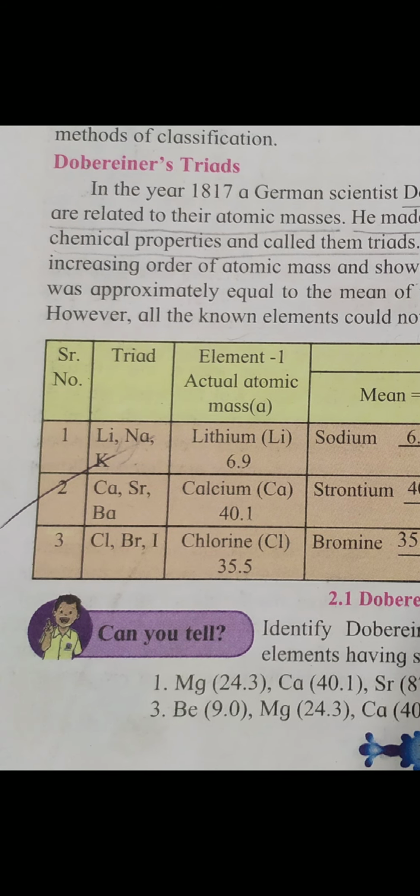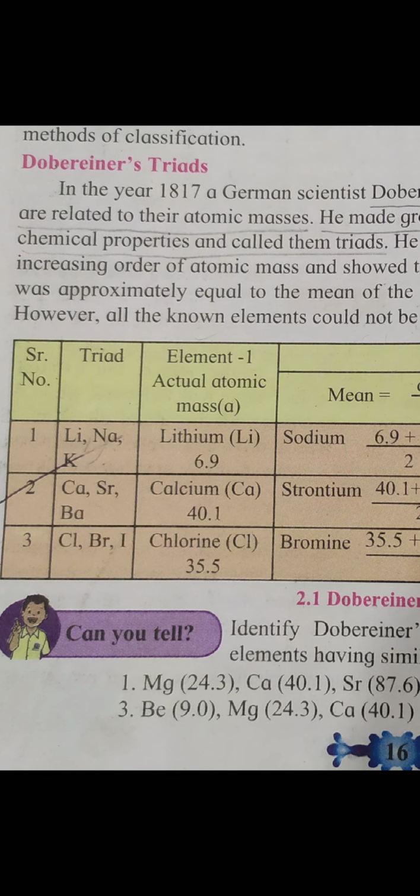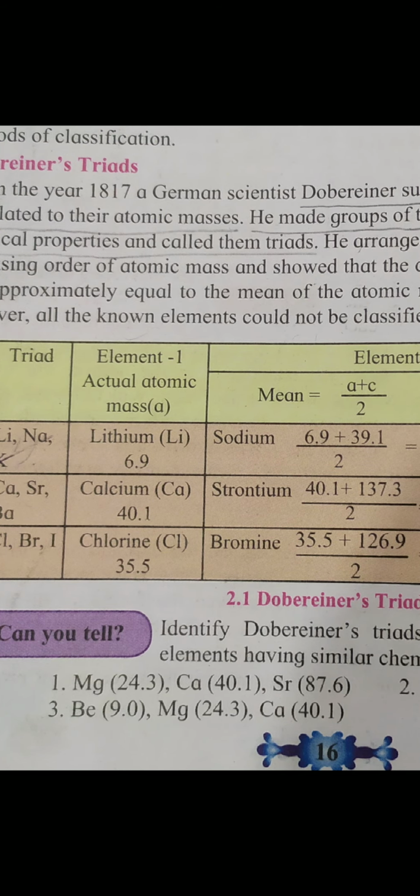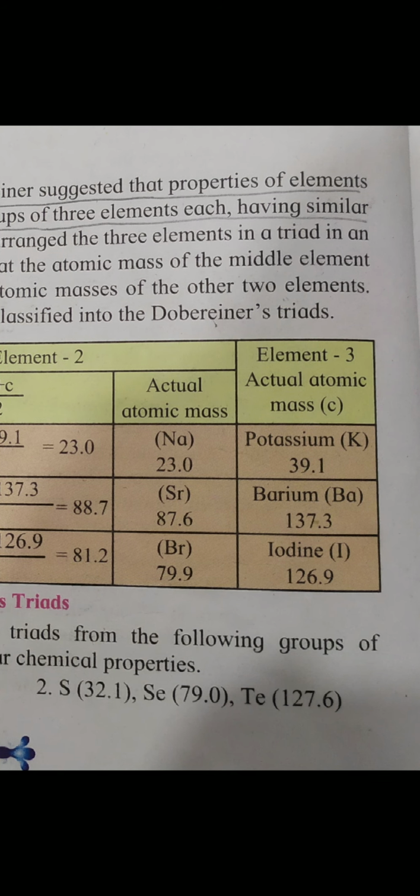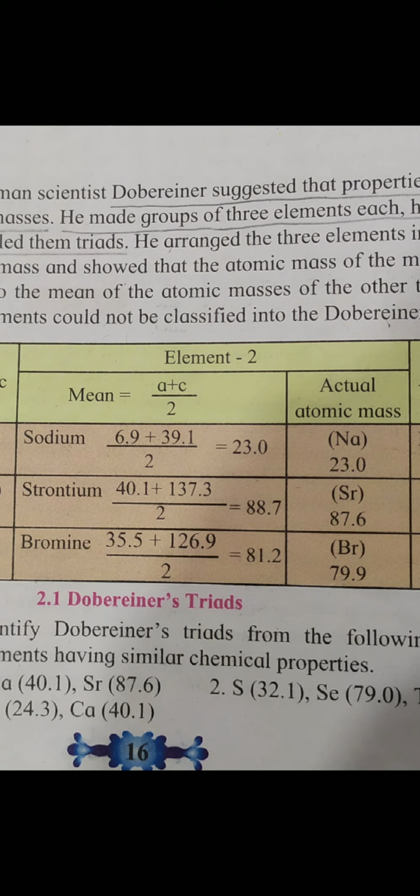In the last example, you can see chlorine, bromine and iodine. Chlorine has atomic mass 35.5. Then iodine, the third element, has atomic mass 126.9. And the middle element is bromine.